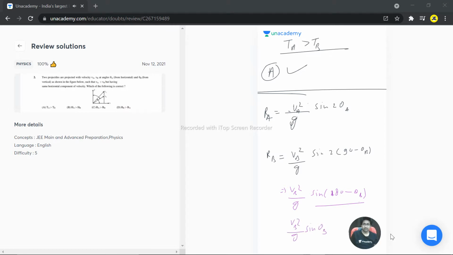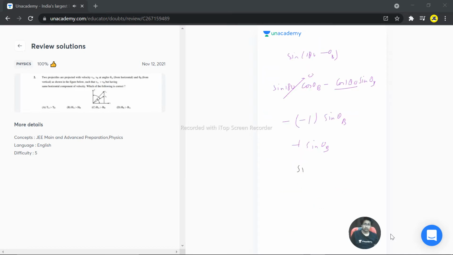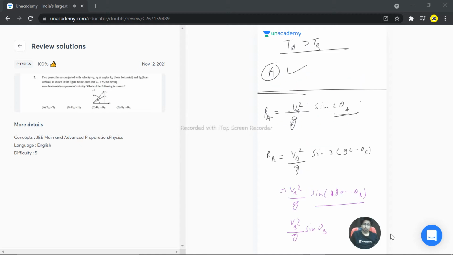Again we have considered theta A to be 60. So sine 120 is approximately root 3 by 2, sine of 120 is the same as sine of 60, which is root 3 by 2, approximately 0.85.